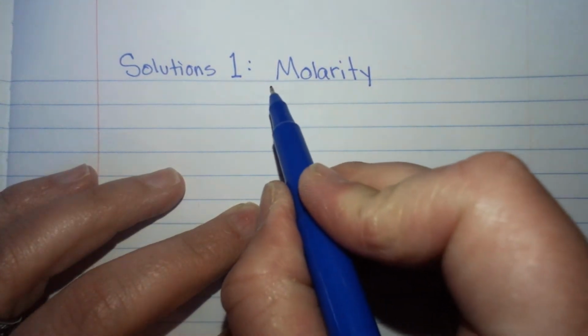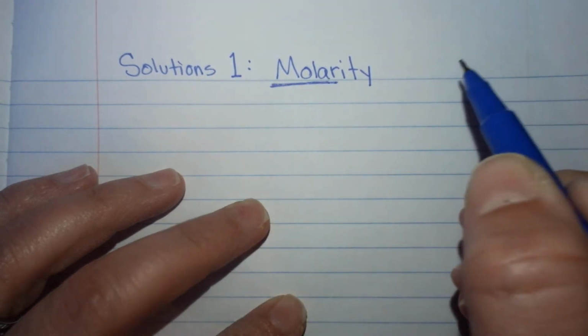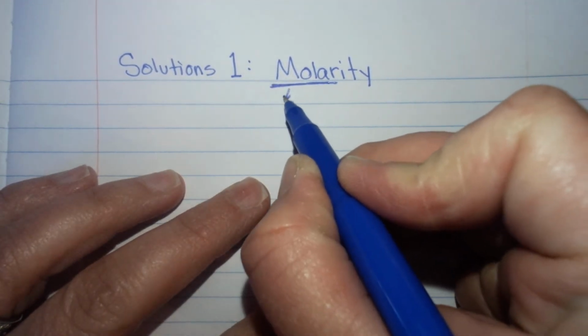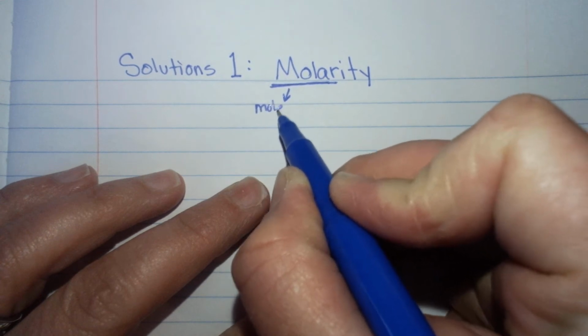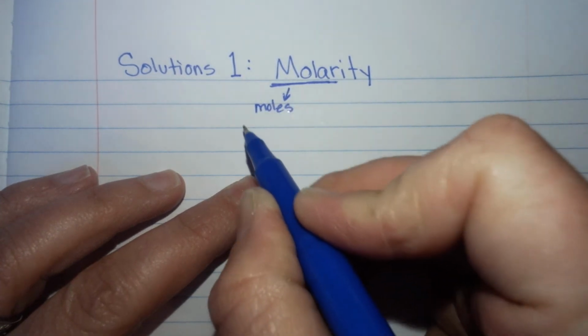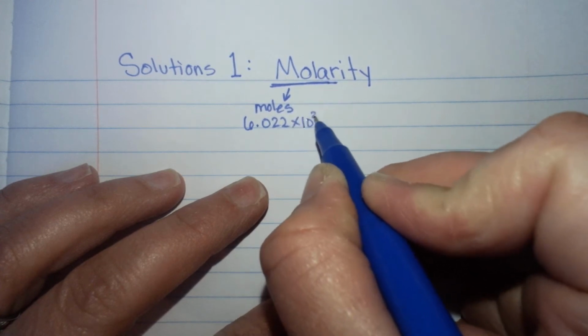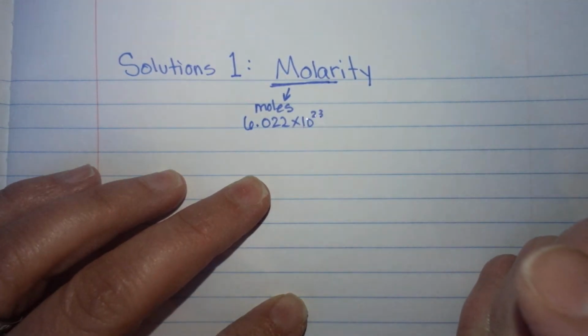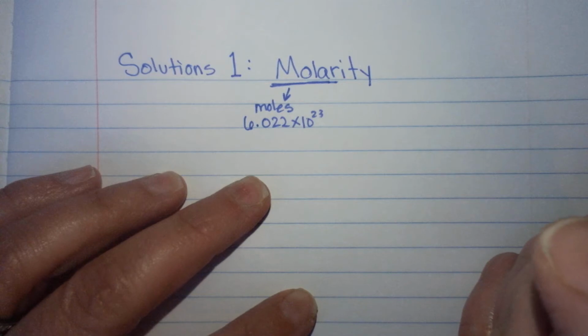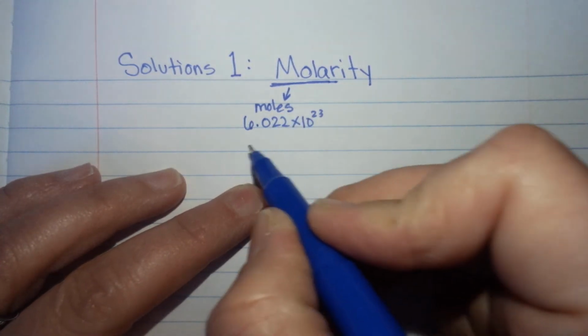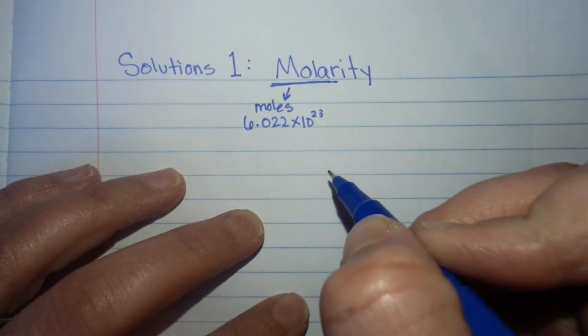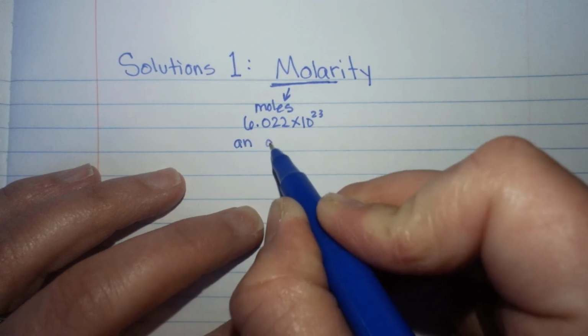Molar, right? When we see molar, we should start to think of moles. We should start to think of Avogadro's number, 6.022 times 10 to the 23rd power. This is an amount, a number of particles. An amount.